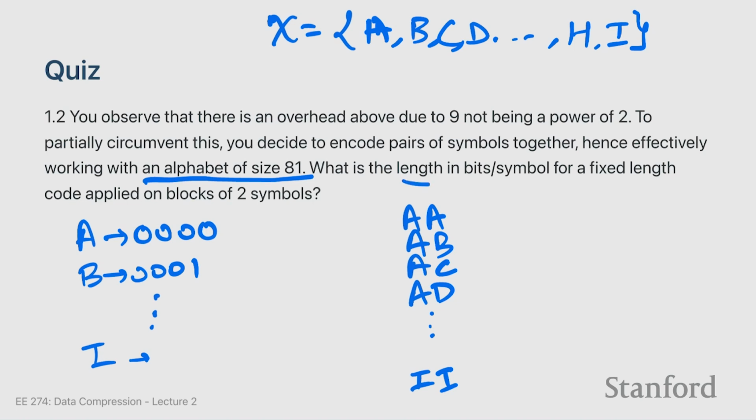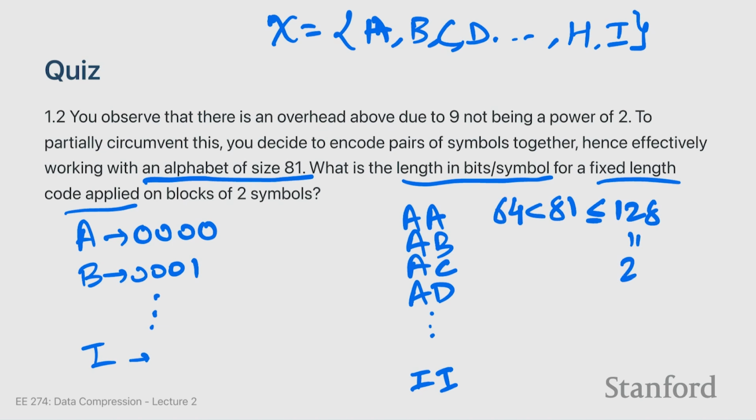And then we asked what is the length in bits per symbol for this code, a fixed length code applied on blocks of 2. Here there were mistakes on our side because we made a typo in the next question, which led to some of the students getting this wrong. But I think you got the concept right. So again we use the same trick. We know that 81 is less than or equal to 128 and greater than 64.